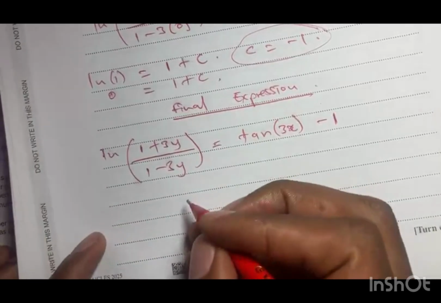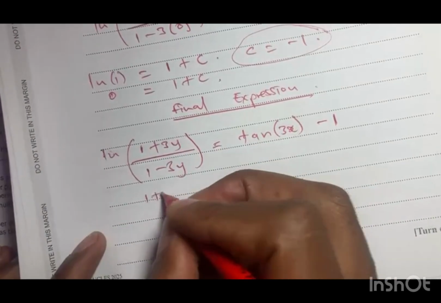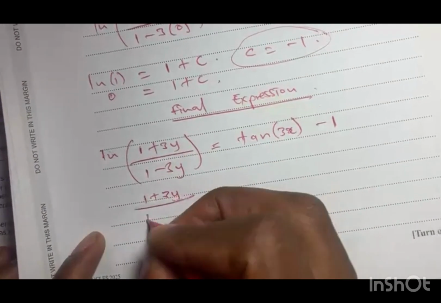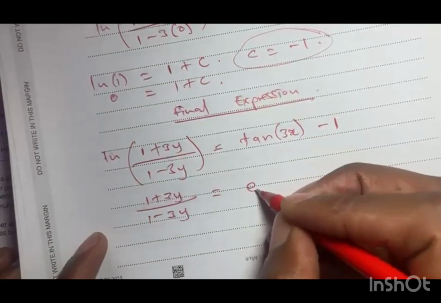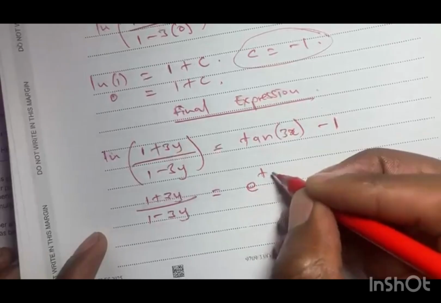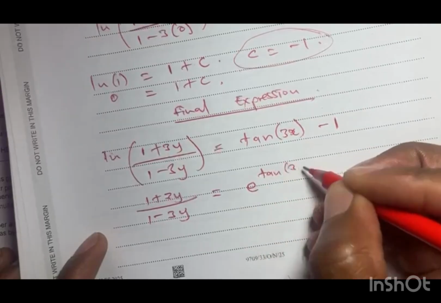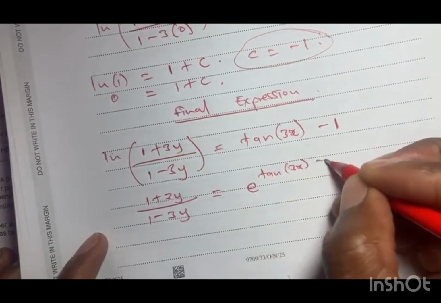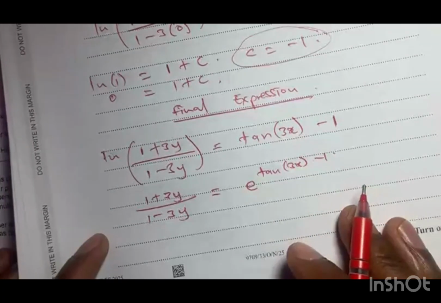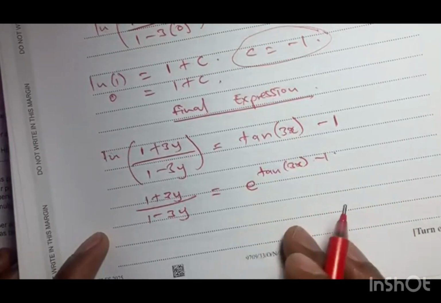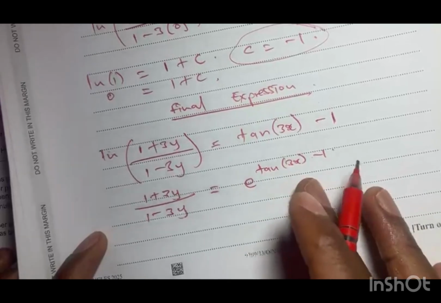So it will become (1 plus 3y) over (1 minus 3y) is equivalent to exponent of tan 3x minus 1. Okay, so the tan 3x minus 1 like that.